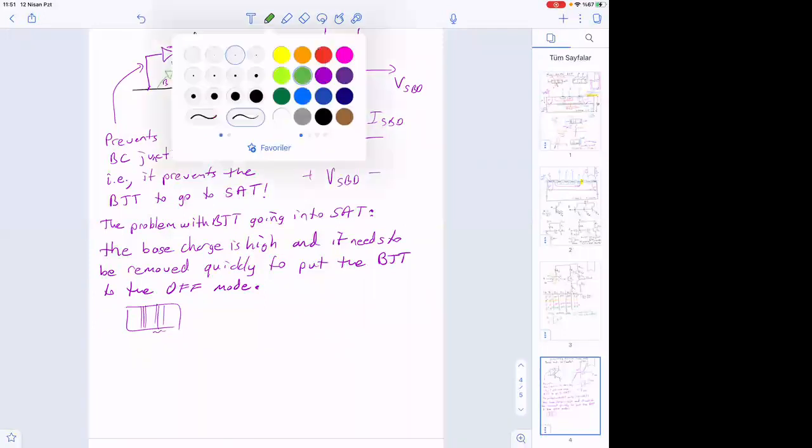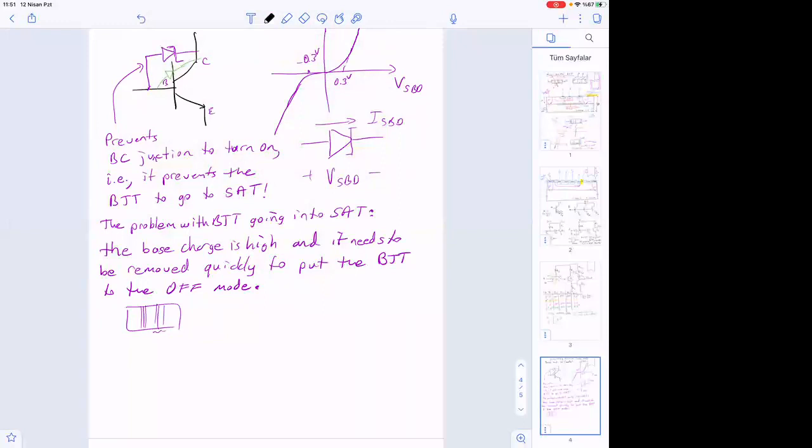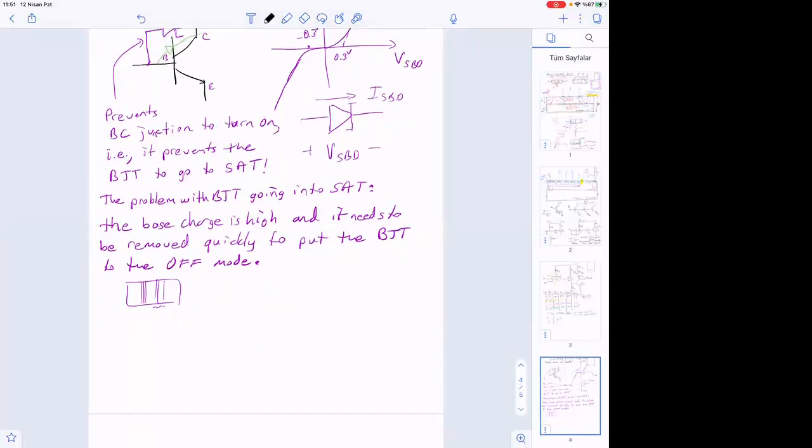So the device in there, the transistor, so the Schottky barrier diode turns on before the base collector junction turns on.